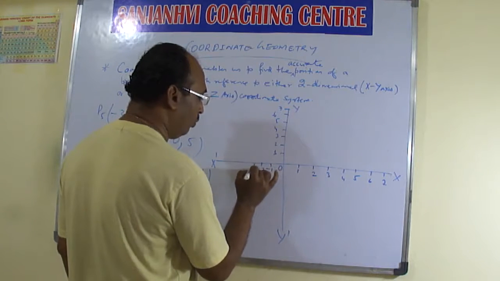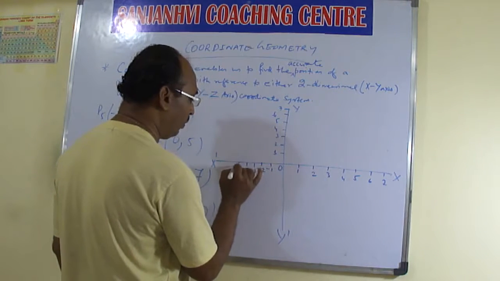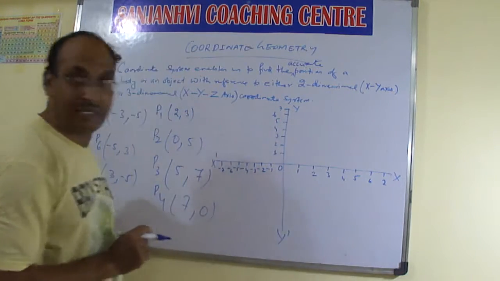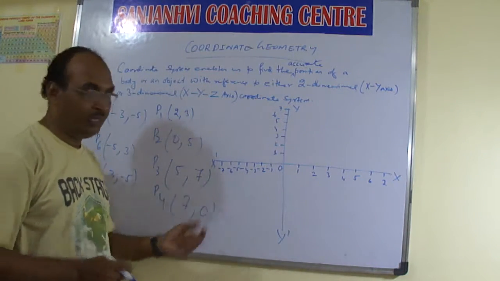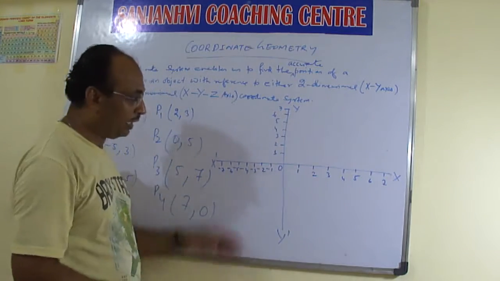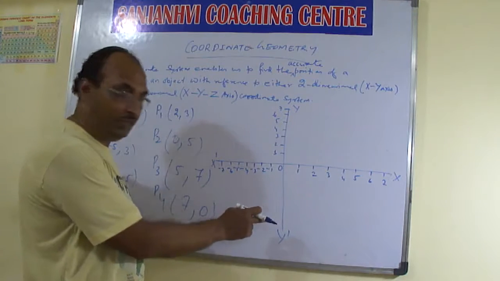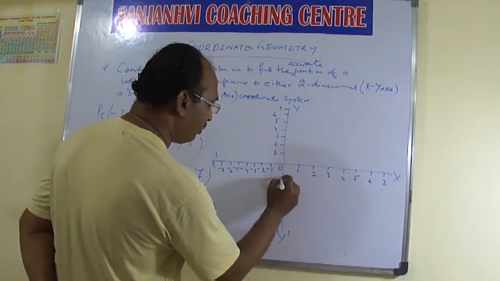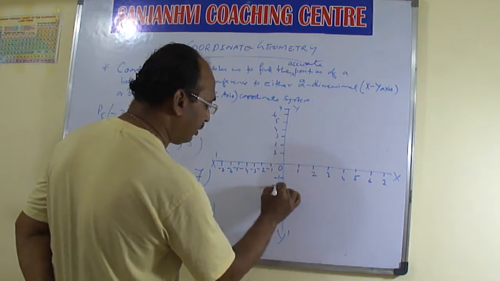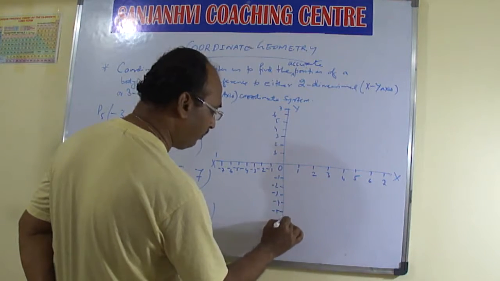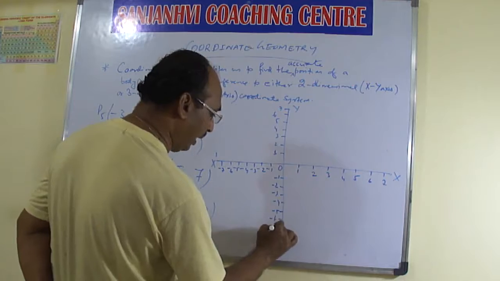This side it will be plus. On the y-axis, this side it will be plus, and this side it is minus, -1 to -7.